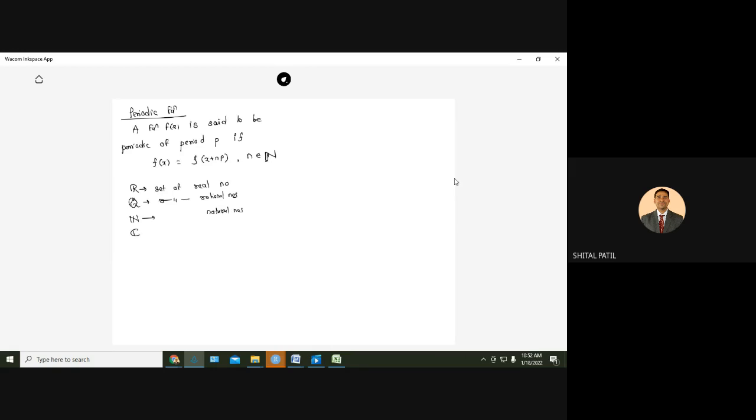This is the set of complex numbers. These are the notations for the sets. So a function f of x is said to be periodic of period p if f of x equals f of x plus np.